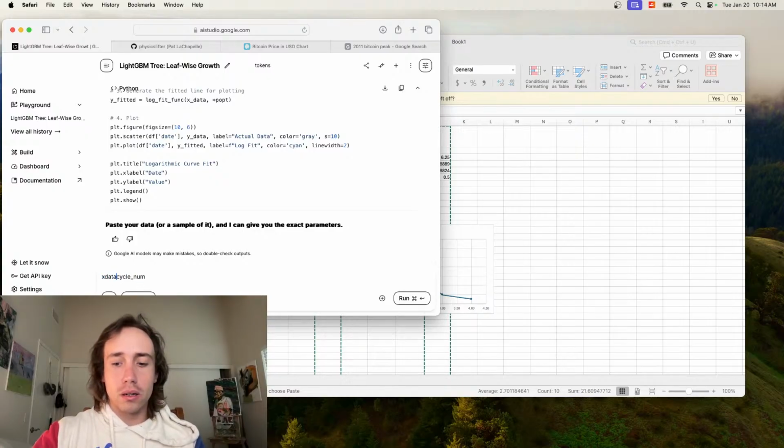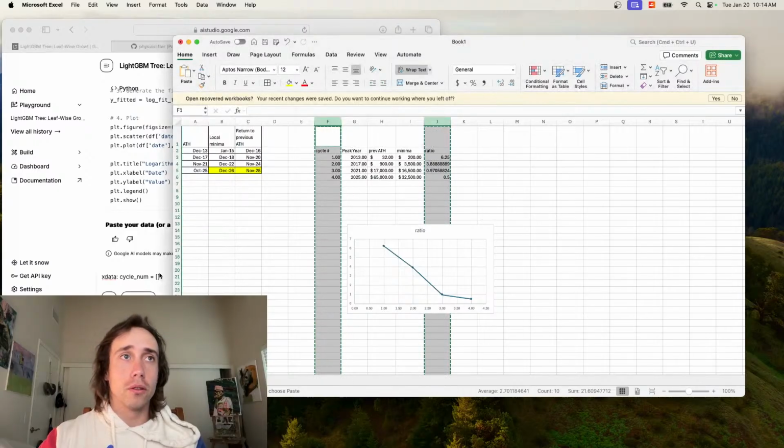X data is cycle num. No. X data cycle num is equal to 1, 2, 3, 4.